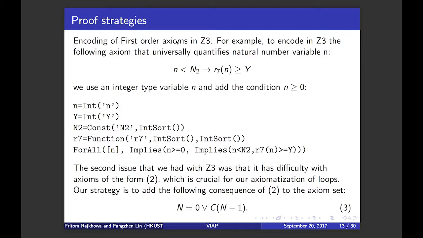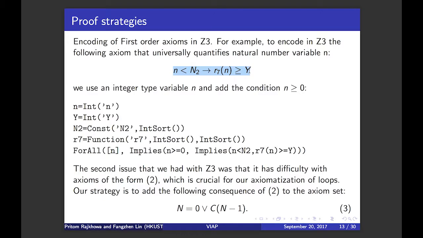The problem is, of course, that theorem proving in first order logic is undecidable, and there are many limitations in what Z3 can prove. So here is a small example of how first order axioms are represented in Z3. Our generated axioms are represented in the Z3 format.